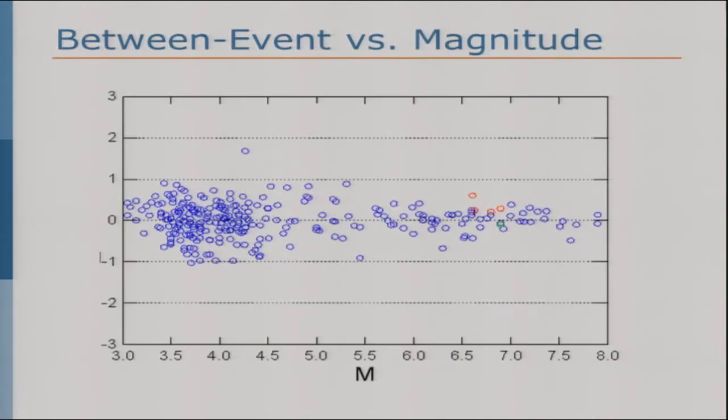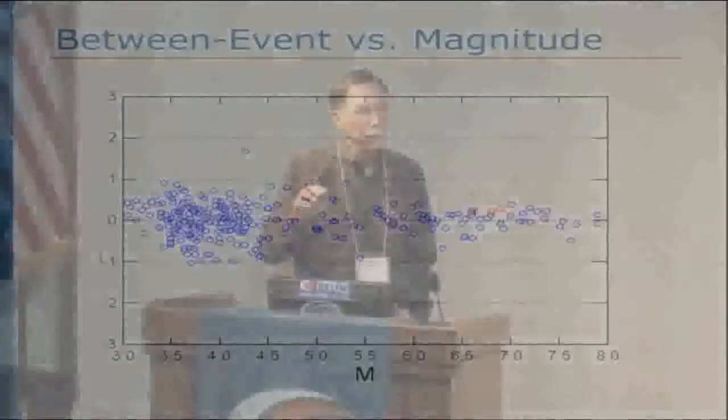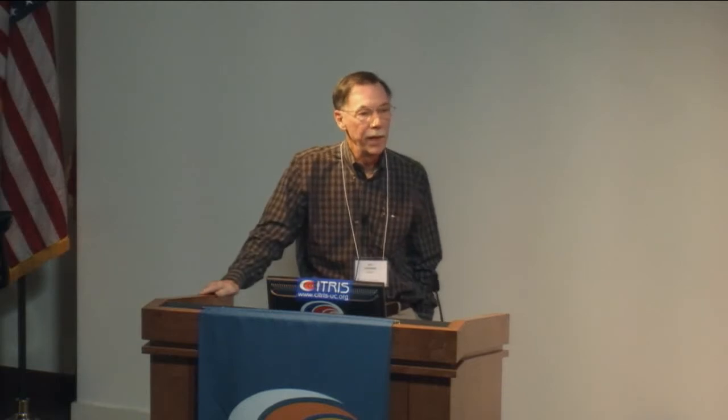So here's some residuals. So this is the between event residual versus magnitude. This is the quote-unquote source term. The red dots there are the Japanese earthquakes. When we first included them, and this is before we recognized the regional attenuation differences, we were getting big differences in Japan.